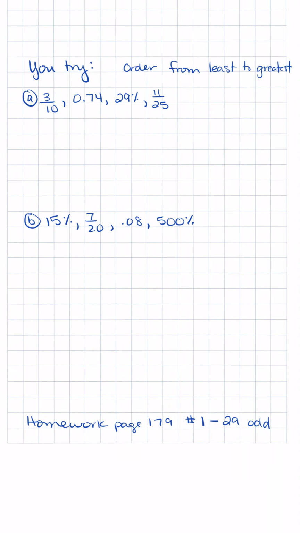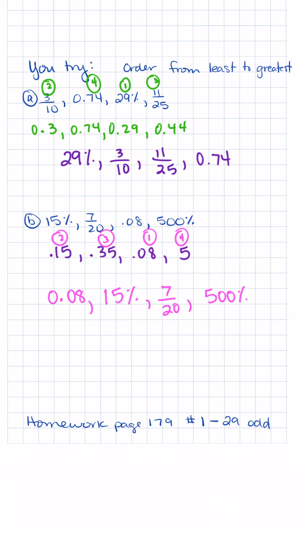Come back to me when you're done. Okay, so I chose to turn them into decimals. So you can see right here is where I turned each of them in. I took 3 divided by 10, got 0.3, kept this one the same, multiplied or divided this one by 100, got 0.29, took 11, divided it by 25, got 0.44.